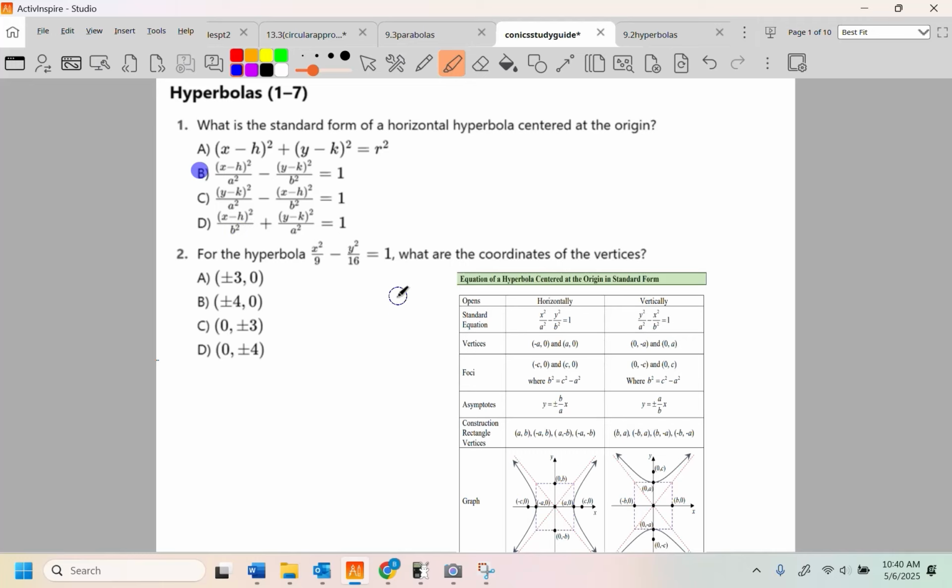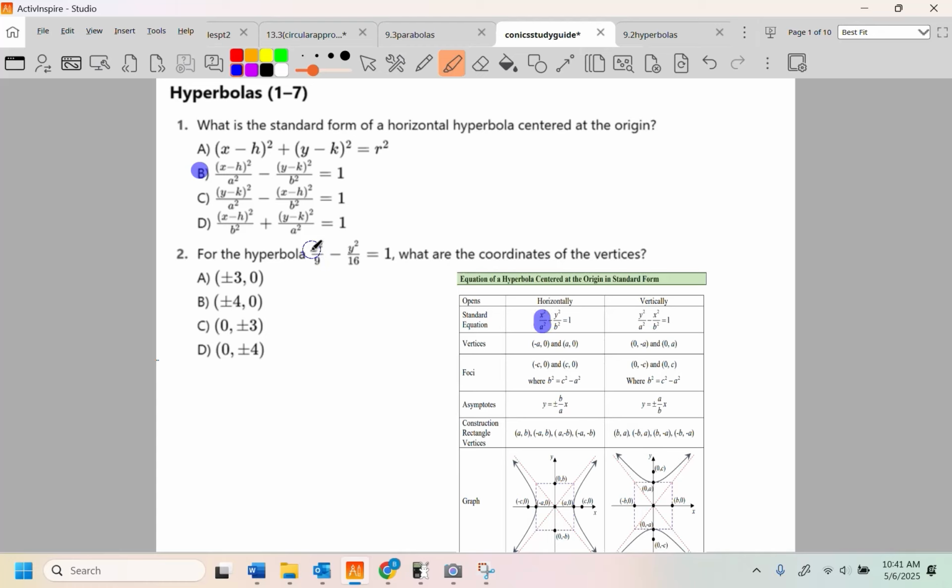All right, for the hyperbola x squared over 9 minus y squared over 16, what are the coordinates of the vertices? We can do that by just figuring out which one's major, and look at the form. It's x squared minus y squared, so it's horizontal, okay?